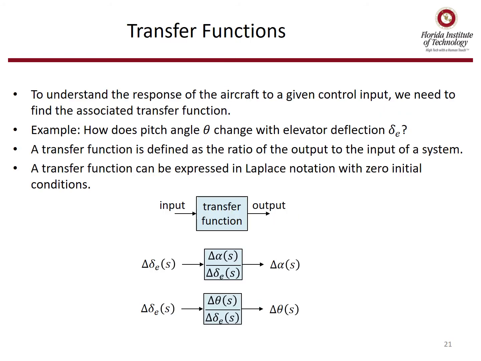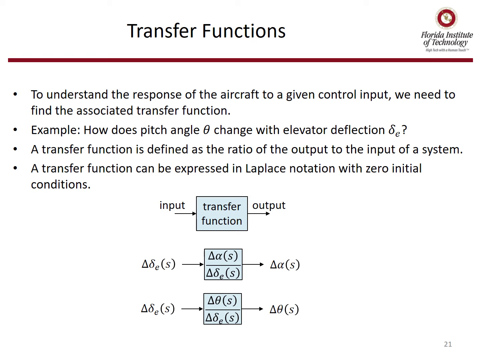Next, we'll define what a transfer function is. We want to understand the response of an aircraft to a given control input, so we have to figure out what the associated transfer function is. An example is, how does pitch angle theta change with elevator deflection delta E? We define a transfer function as the ratio of the output to the input of a system.